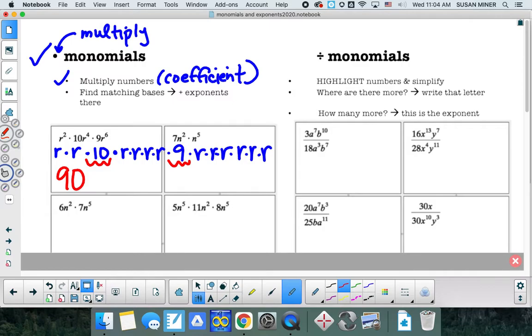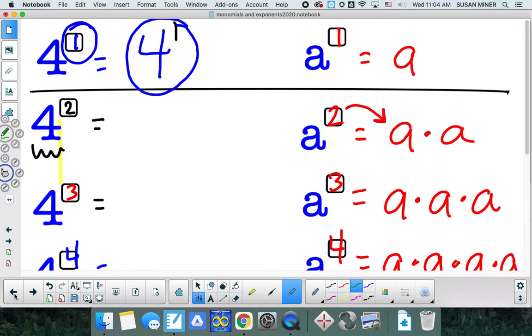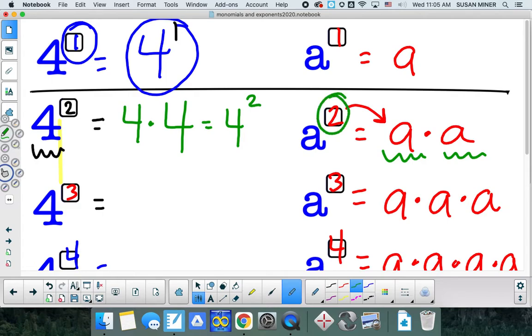Then I have to figure out how many r's I am multiplying together. Because anytime, let's just take a step back. Remember, anytime I multiply something by itself, I can rewrite it as an exponent. Anytime I multiply an a with an a, it can be rewritten with an exponent.